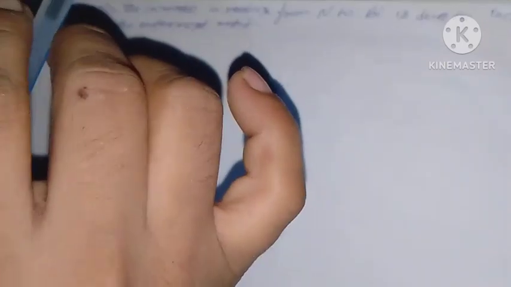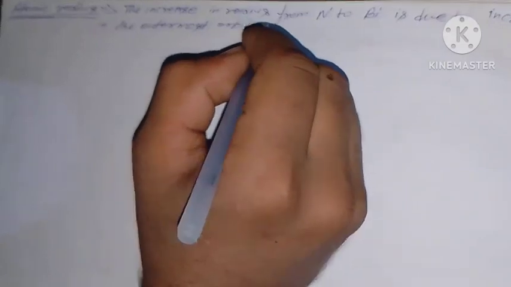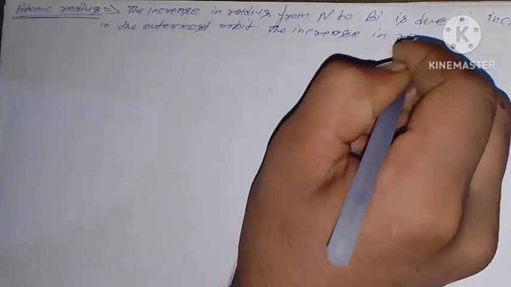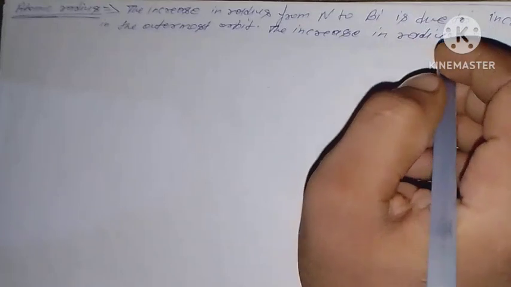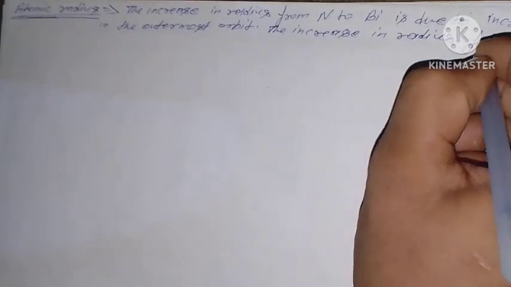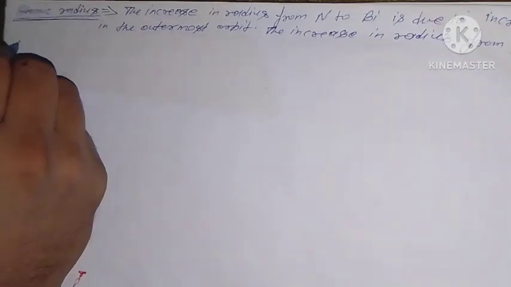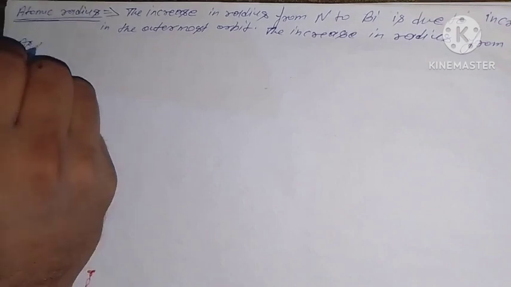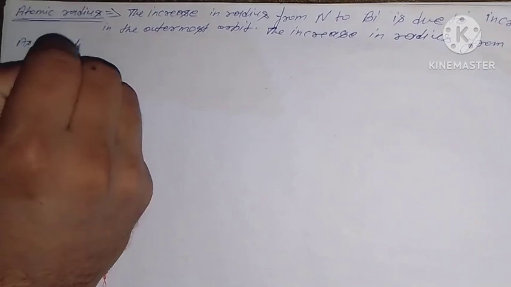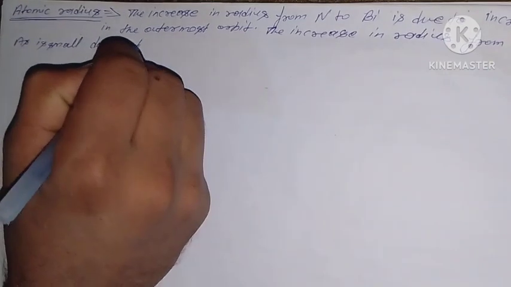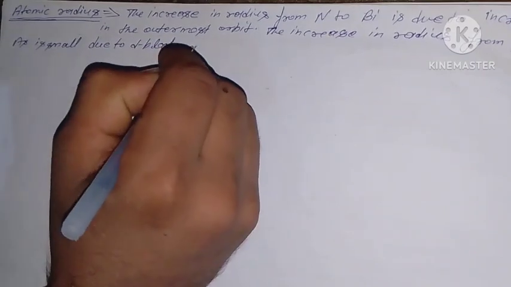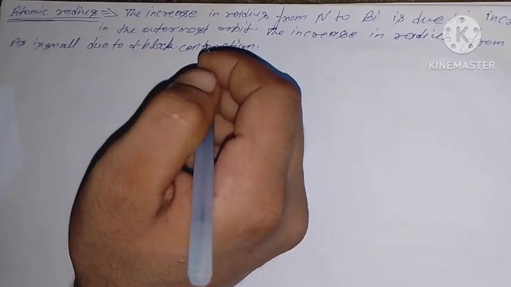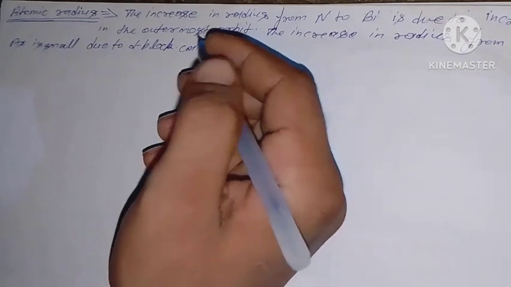The increase in radius from phosphorus to arsenic is small due to d block contraction. Okay.